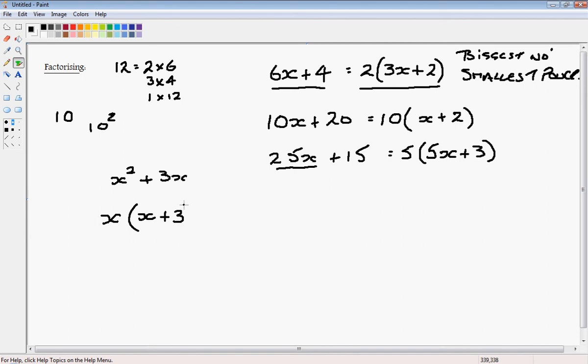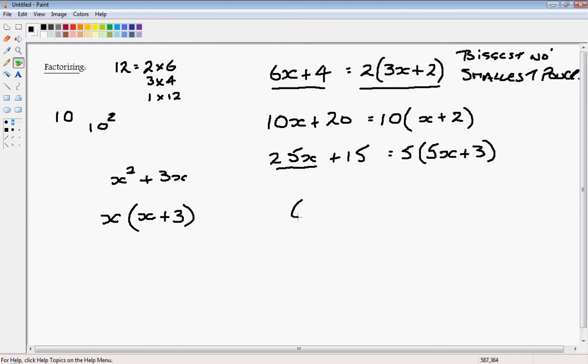Well, x times 3 will give me 3x, okay, because 3 times x is the same as x times 3, and 3 times x is 3x, okay. The danger here is people see x squared and they want to put 2 sets of brackets in, okay. We don't want to do that, okay. We have no number value after here to make it a quadratic.